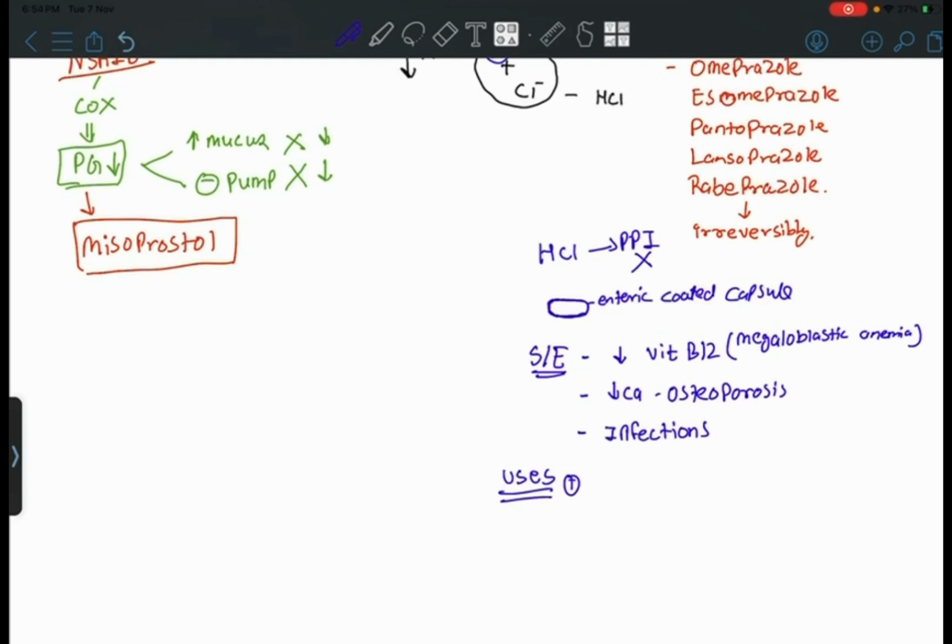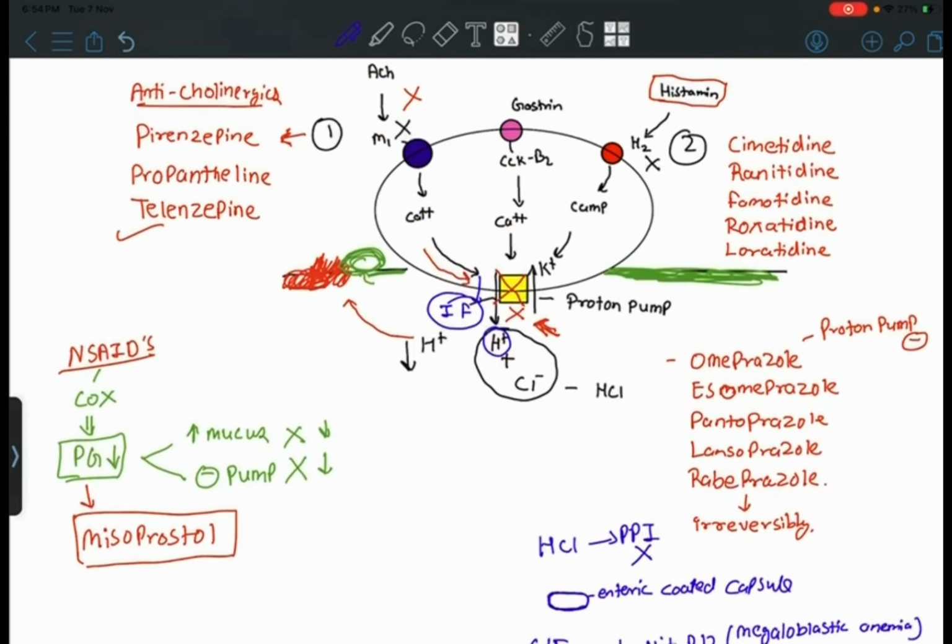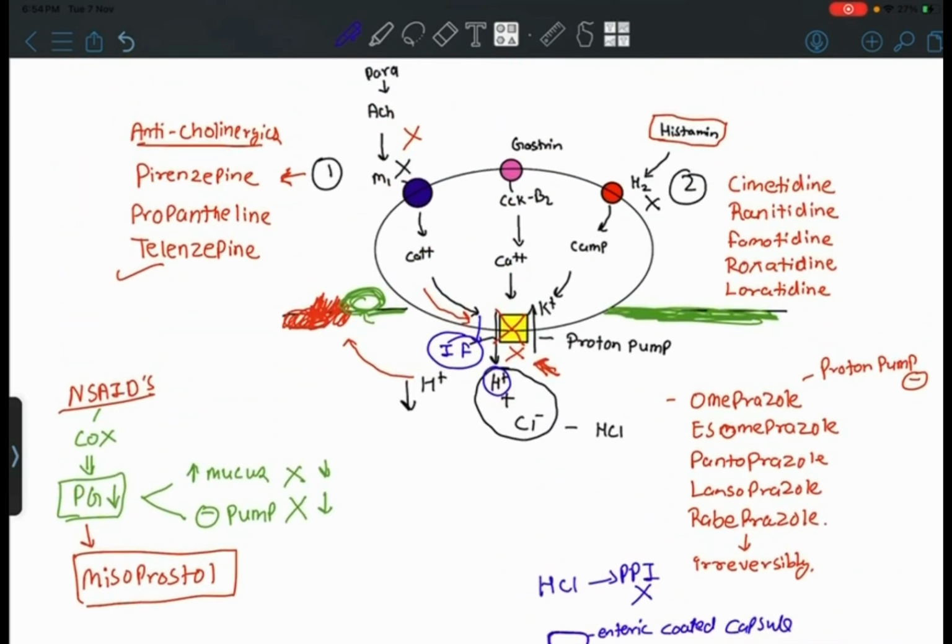Why is it the drug of choice? I already told you: if we block the parasympathetic system, histamine can work, and if we block histamine, the parasympathetic can work. So we can't take any chance in peptic ulcer disease, because it will cause severe pain to the patient, and also the ulcer can perforate if acid is there. So we will directly block the pump.